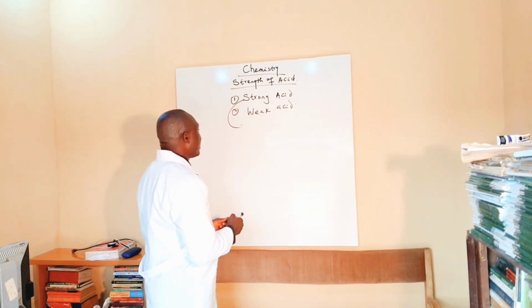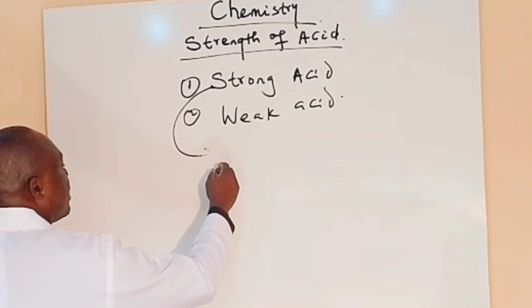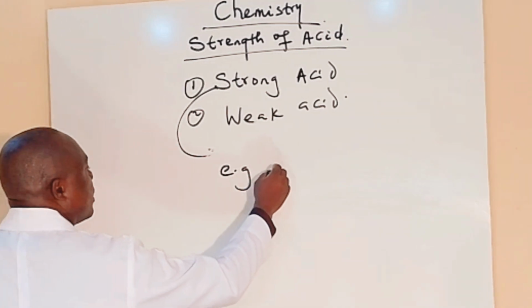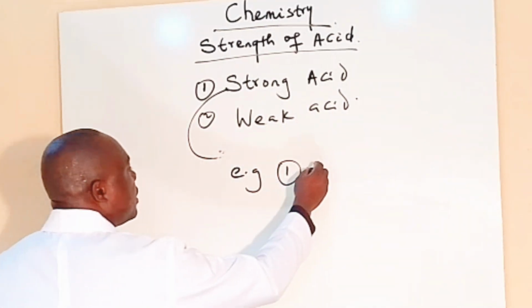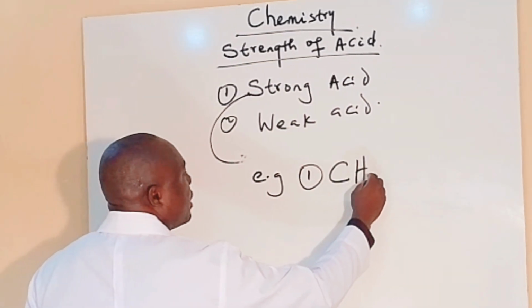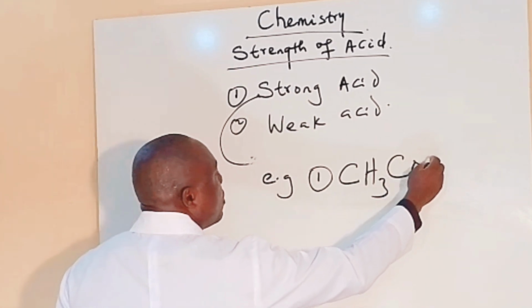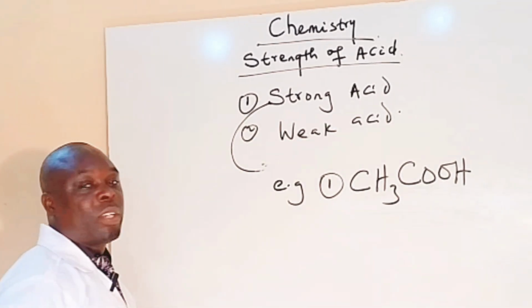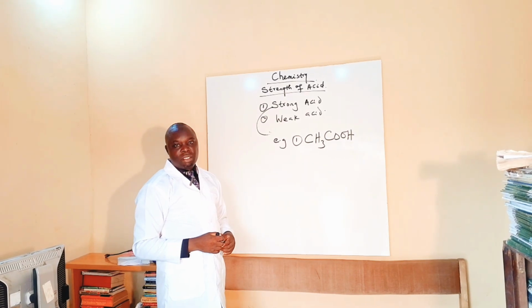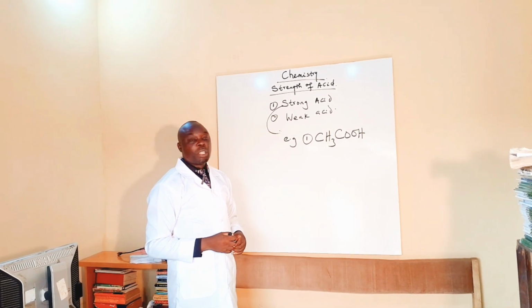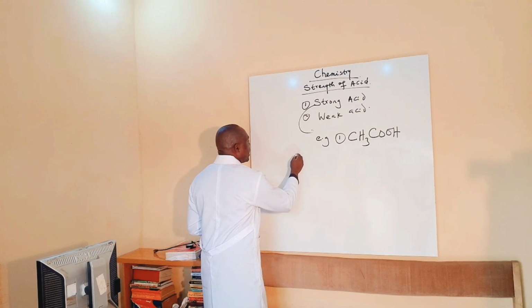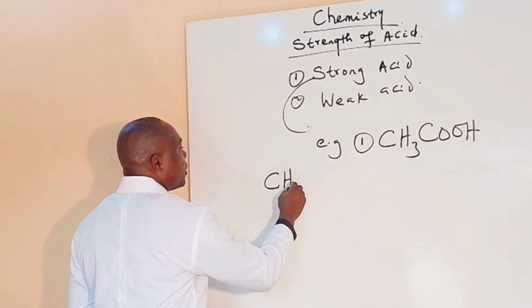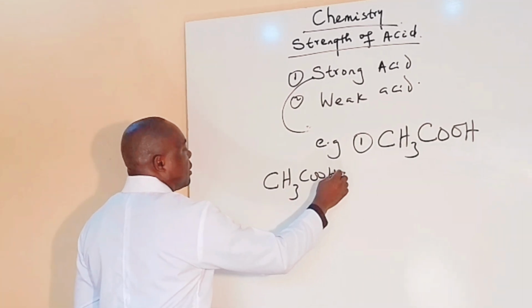Examples of weak acid here. Example one is CH3COOH. This is called ethanoic acid. When you put it in water, see how it dissociates like this.